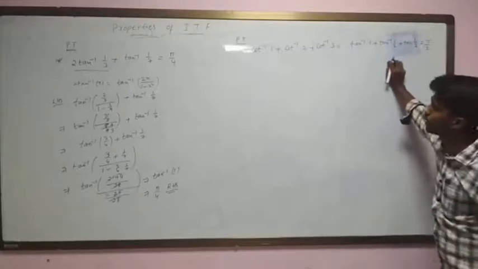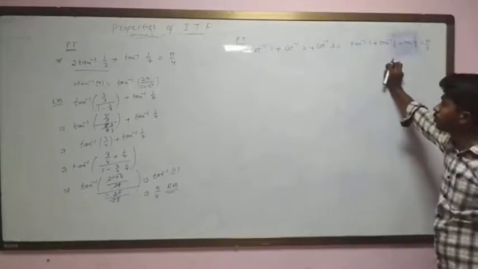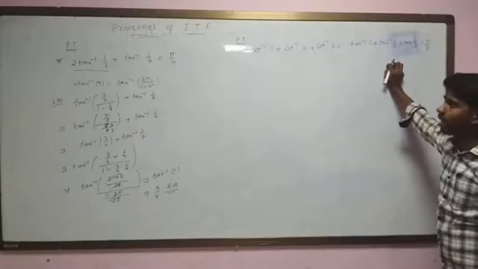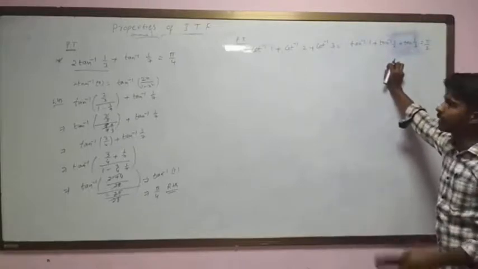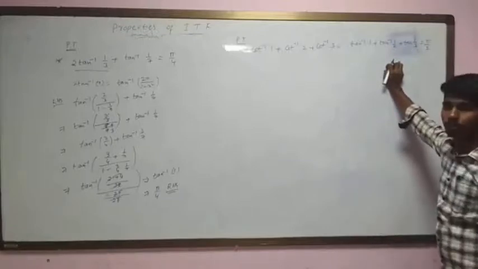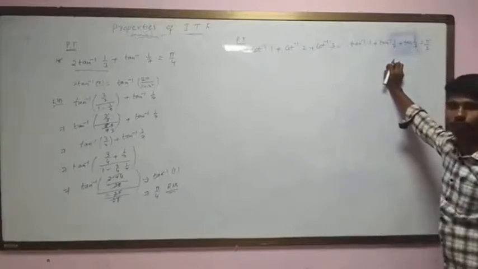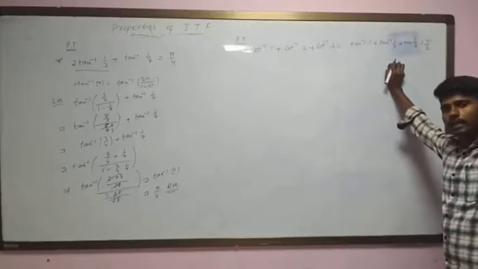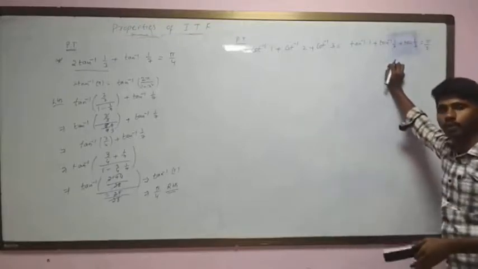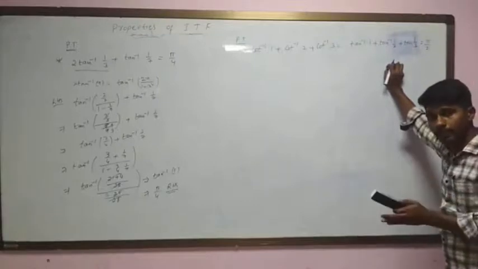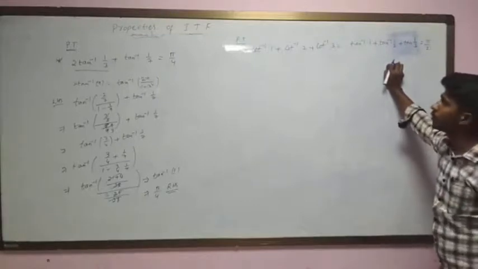Take the first one. What have they given? Cot inverse 1 plus cot inverse 2 plus cot inverse 3. Directly we don't have a formula like cot inverse x plus cot inverse y. So we learned in terms of tan, so try to convert the cot in terms of tan. What formula do we have? Cot inverse x is tan inverse of 1 by x for x greater than 0, and pi plus tan inverse 1 by x for x less than 0.